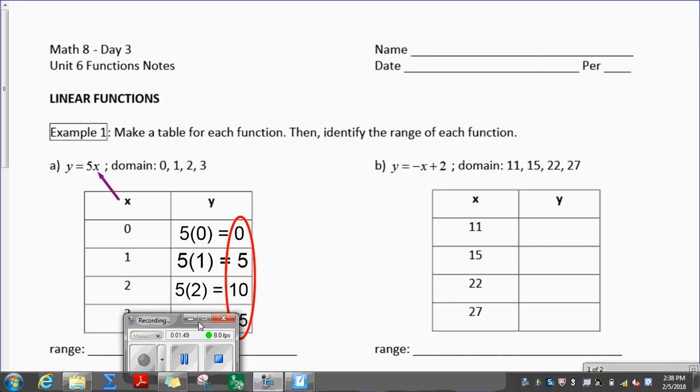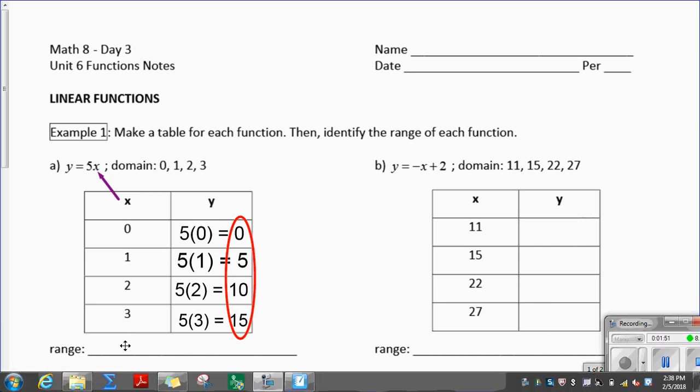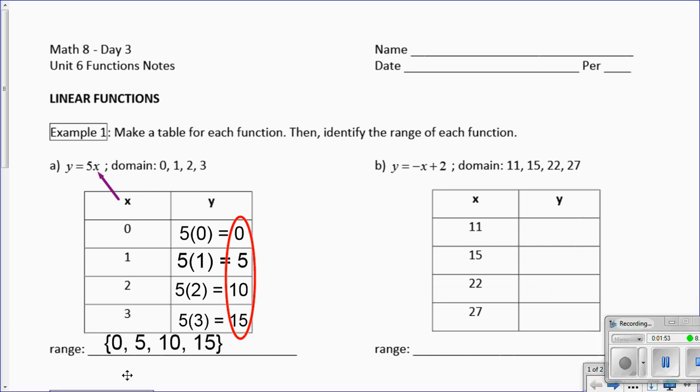Okay, so to write them out, we just put them in those braces I told you about. And I just did it in order from least to greatest, so 0, 5, 10, and 15. So what these equations, which we call functions, do is it's basically a rule that we follow. Like, if you have an x or an input, if you put this into the equation, you can find what comes out, your y value.